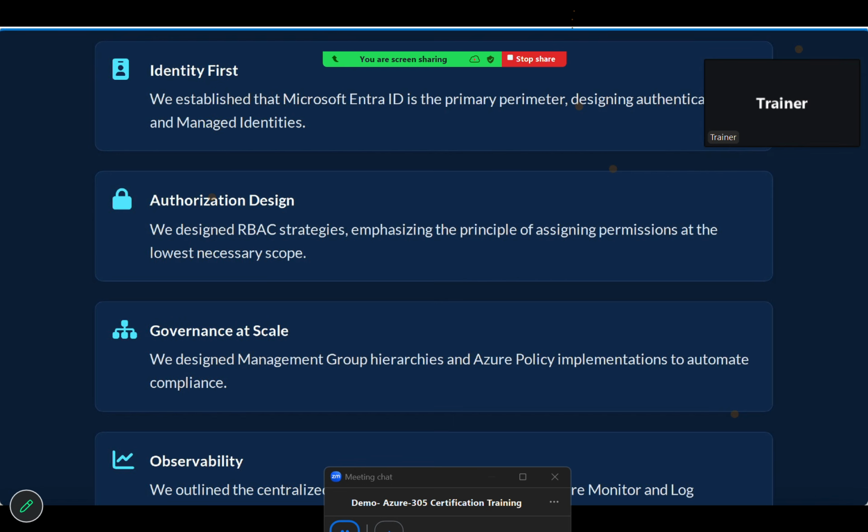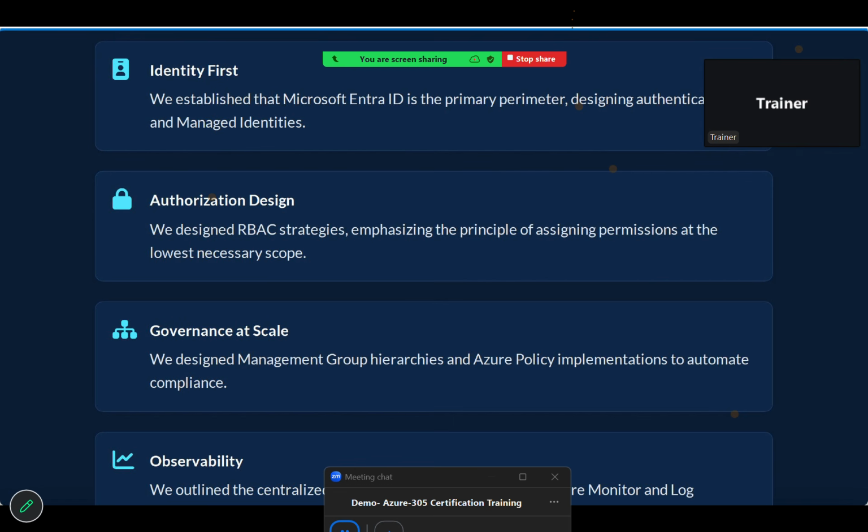Now let's check some knowledge before we close. Tell me, what does architecture begin with? Identity. Architecture begins with identity because access control is the root of security.